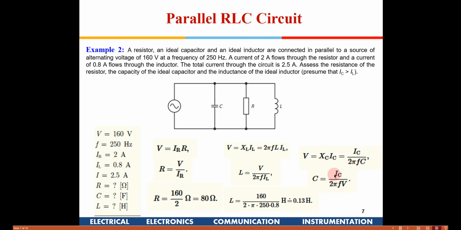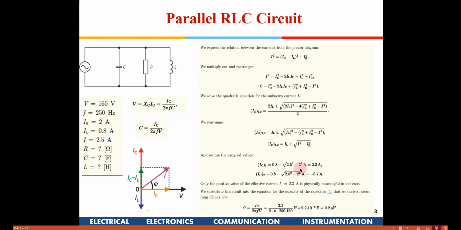Now the problem remains to compute the value of IC, right? If you see in this particular circuit, IC is greater than IL, so IC minus IL, like we saw in the previous problem, is going to be pointing upwards here, and then with IR square, that will give I. So I square will be (IC minus IL) square plus IR square, right?